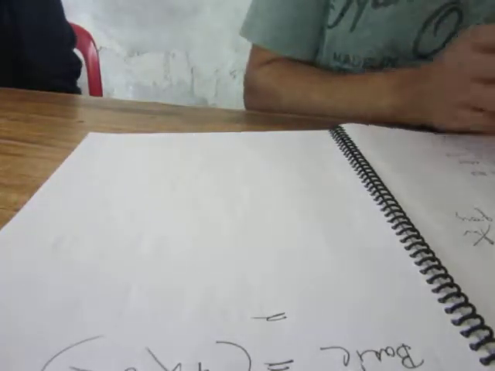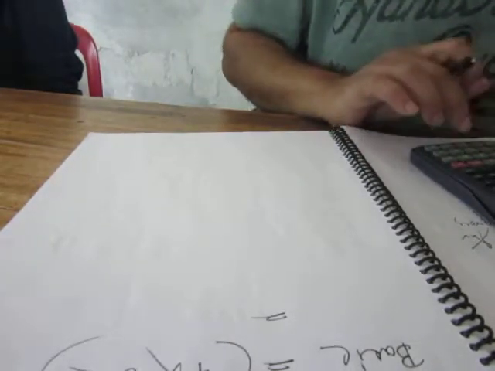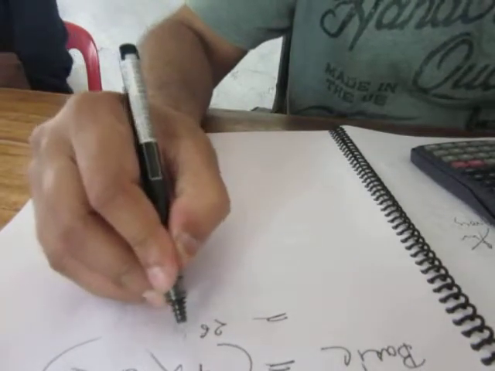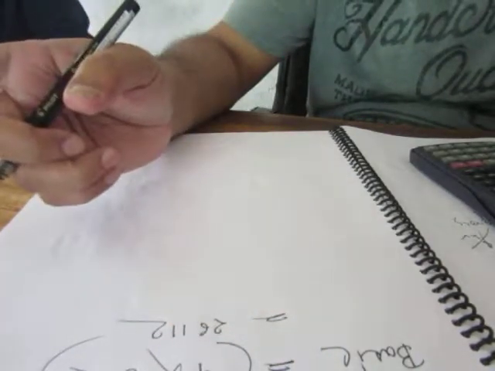This will be the total basic, 26,112. This much will be provided as a kind of basic.